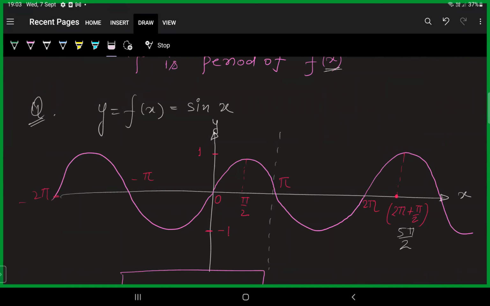You know the value of 0 to 5 by 2. You know how to convert a degree to radian? Naveen, I'm asking you. 0 degrees is how many radians?